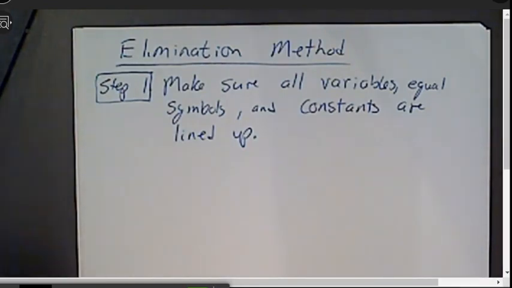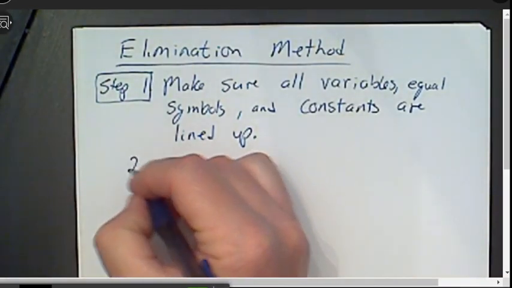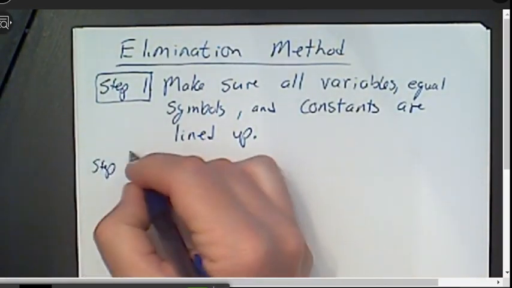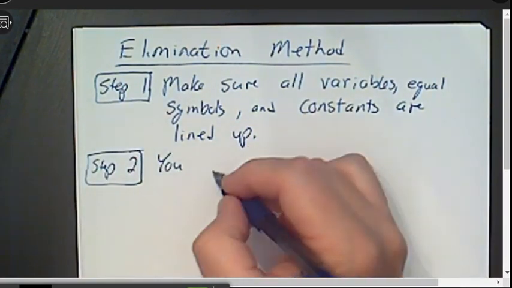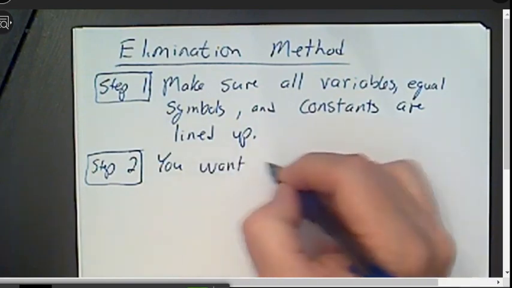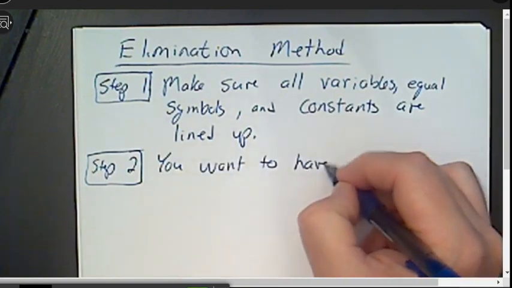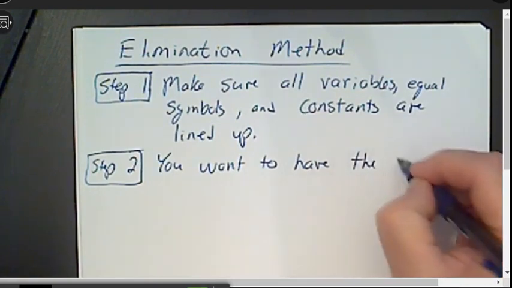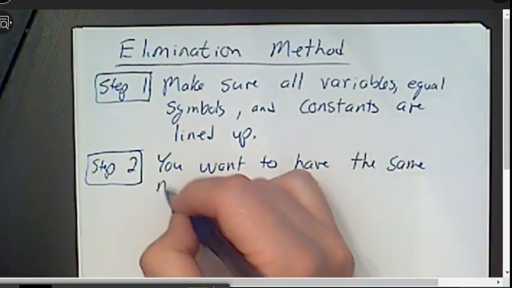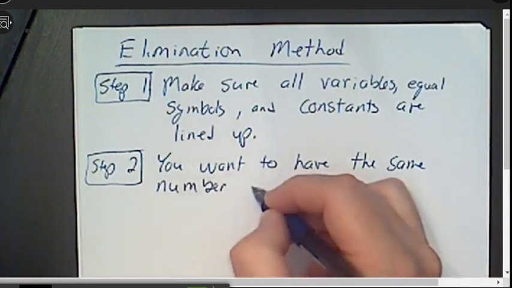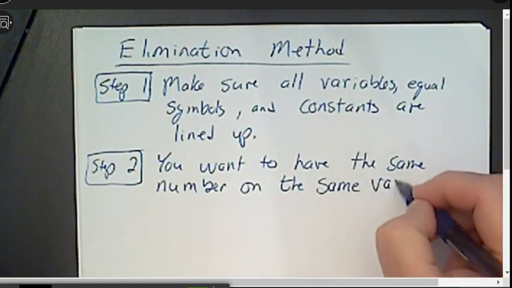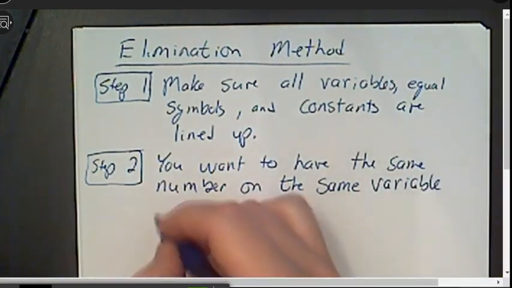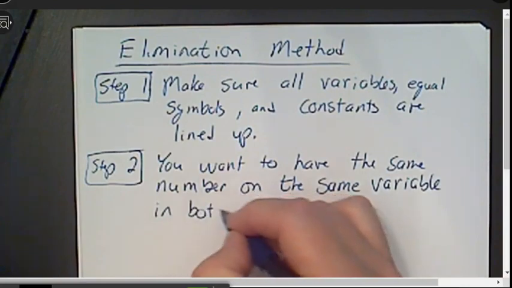Okay, so you've got all your steps. Everything's lined up. We're good to go here. The second thing that you want to do is not really, I guess it's a step. This is more like a procedure for this one: you want to have the same number on the same variable in both equations.